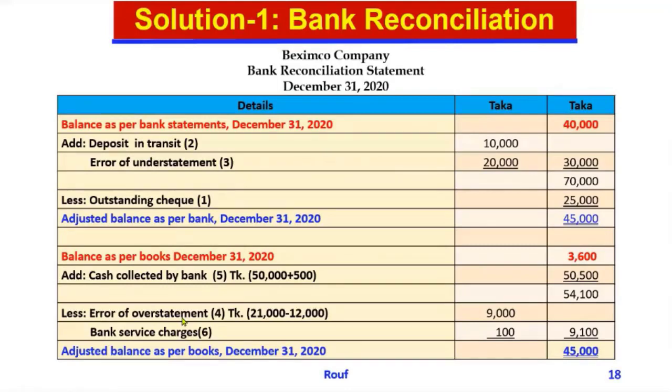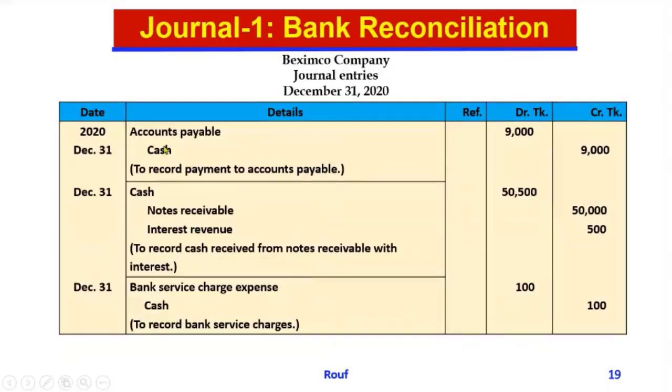That means কোম্পানি এরর্স লেস আইটেম 9,000 টাকা। So accounts payable debit, cash credit 9,000. This is the journal entry.